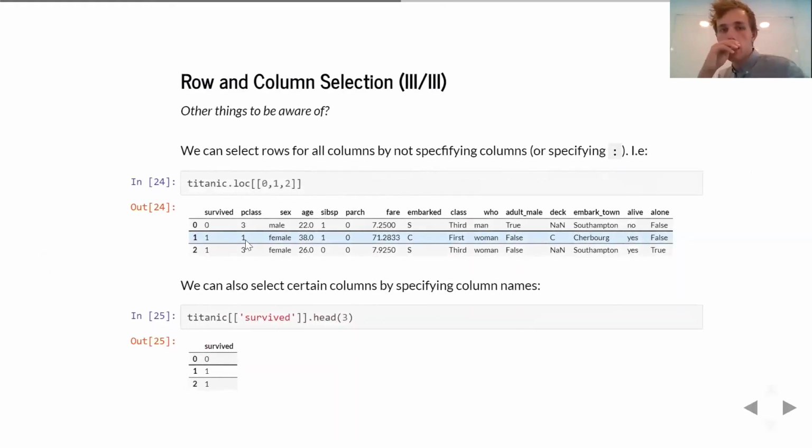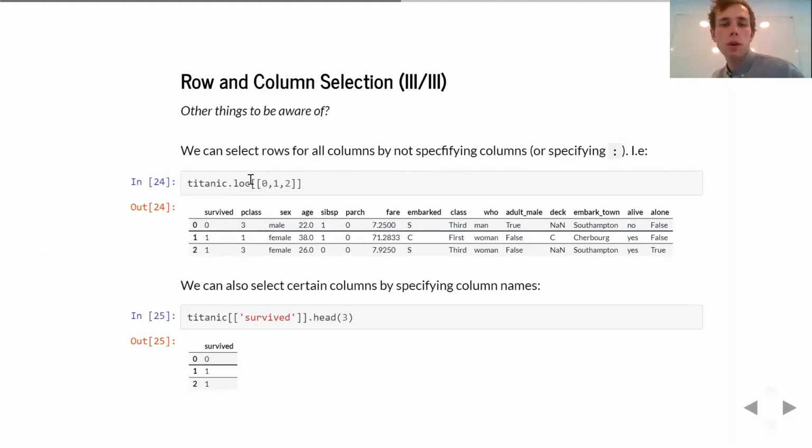Okay, so are there other things that we should be aware of, other approaches for row and column selection? One thing is that we can select rows for all columns by simply not specifying the columns. Or we can also just specify colon, and then we implicitly specify that we want to get access to all the columns. So consider this example here, where I just want to access the first three observations, but I want to get access to all the columns. Therefore, I just don't specify any columns here.